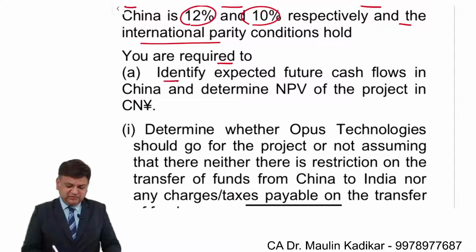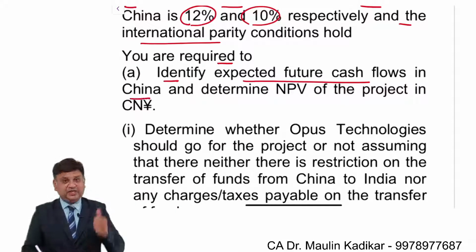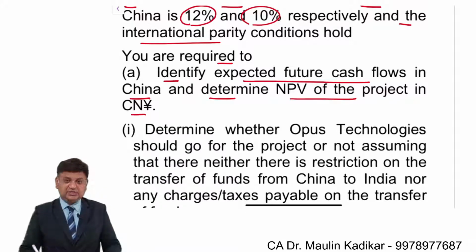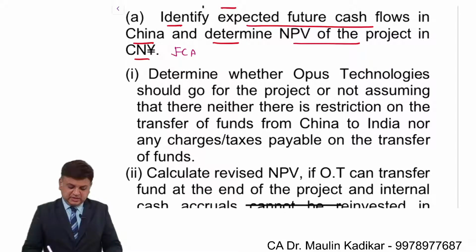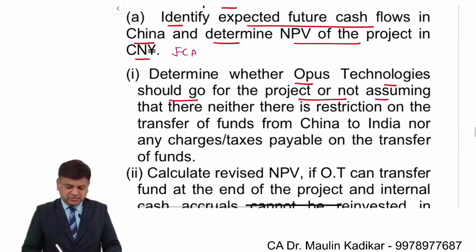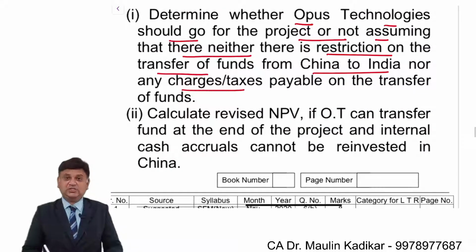You are required to identify expected future cash flows in China, that is in foreign currency. Determine NPV of the project in Chinese Yuan. It means you are required to adopt the foreign currency approach for calculation of the answer. Determine whether Opus Technologies should go for the project or not, assuming that there is neither any restriction on transfer of the funds from China to India, nor any charges or taxes payable on the transfer of the funds.